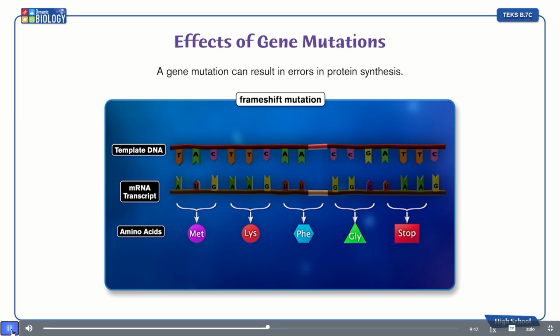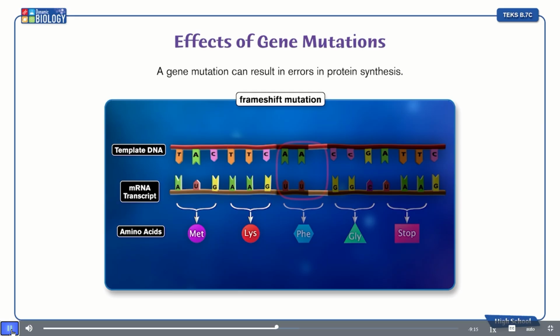This mutation is going to affect multiple amino acids and the stop codon. To explain this, let's read the triplet code, one codon at a time. The first triplet hasn't changed at all, so it will still code for the amino acid methionine. The next triplet hasn't changed either, so it will still code for lysine.